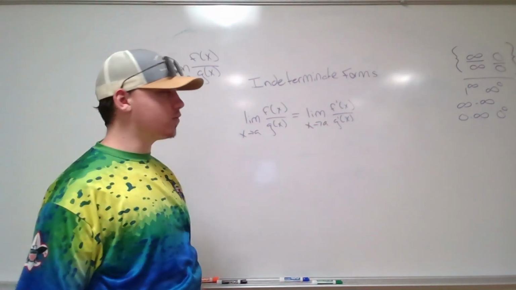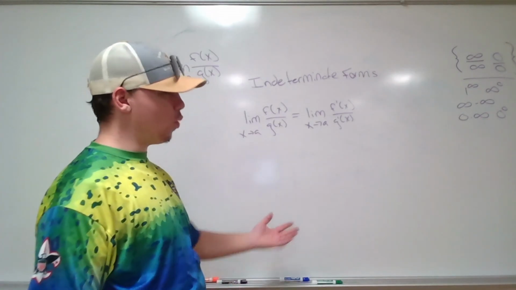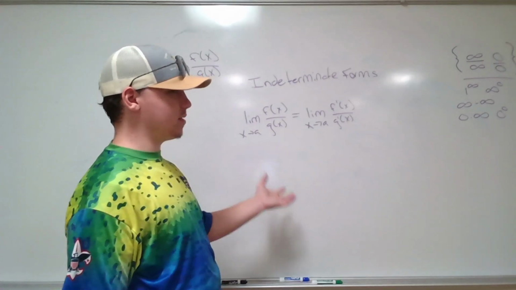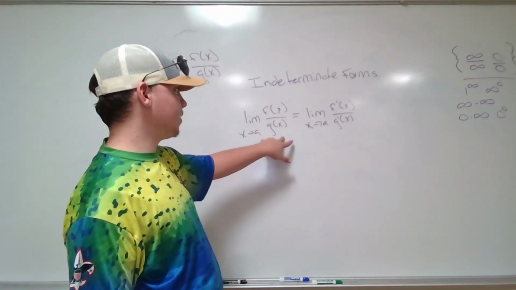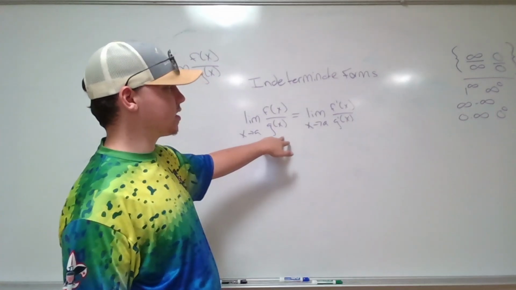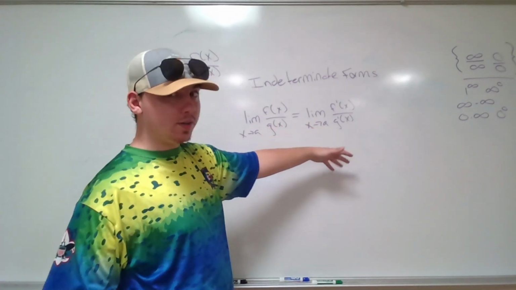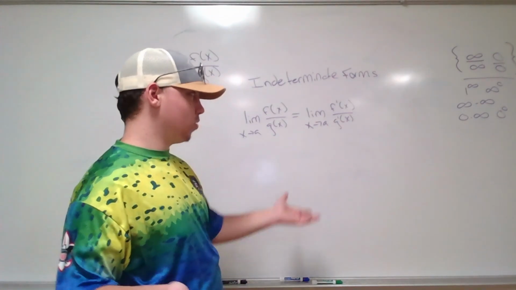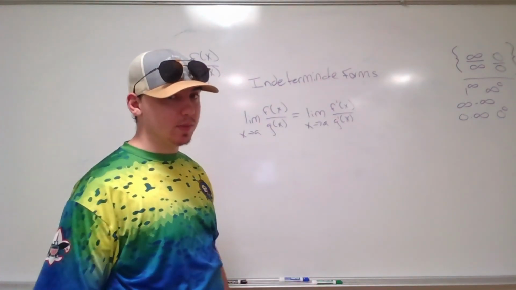It's really useful for just going down tiers until you finally get to where the limit of one of them is equal to something else. So if g of x approaches infinity, and then this one approaches 1, boom, you can just plug in a for the f, and then you have the value of your limit.